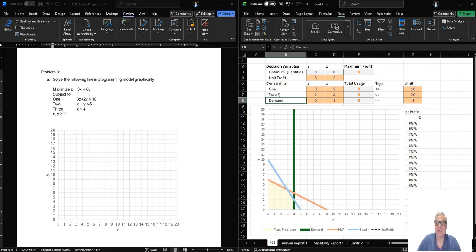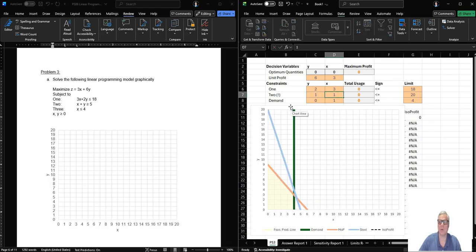Okay, so the first constraint 1, y is 2, x is 3. So y is 2, x is 3. Then constraint 2, 1 and 1.